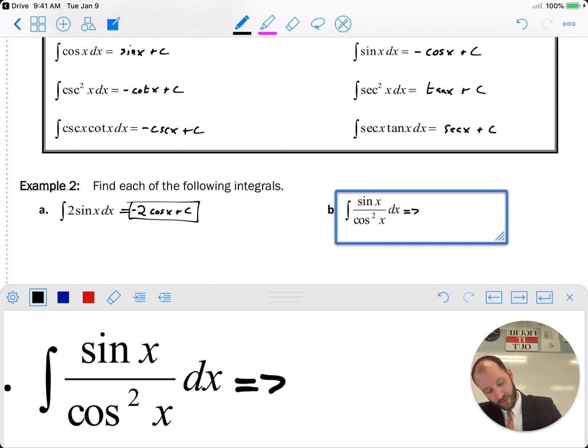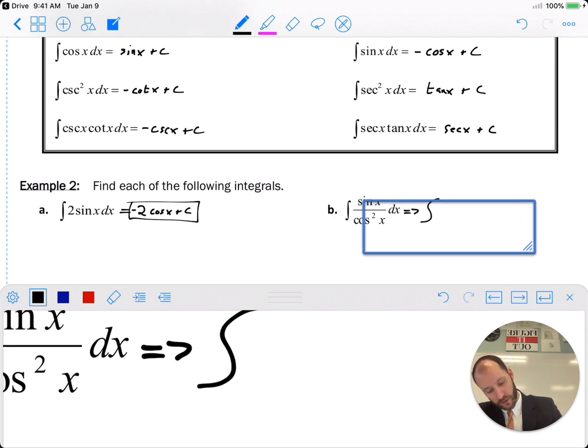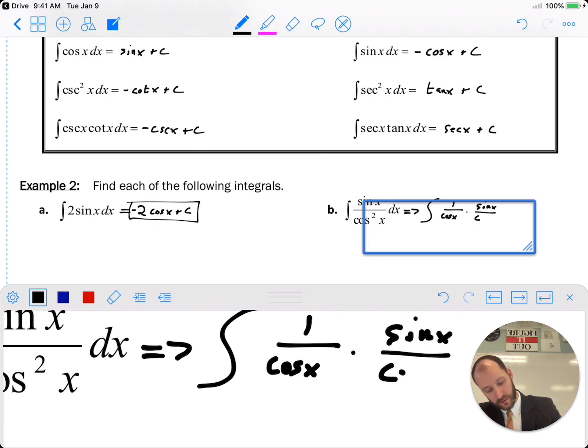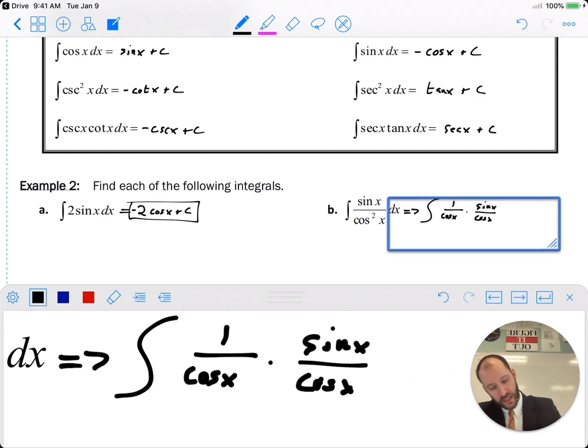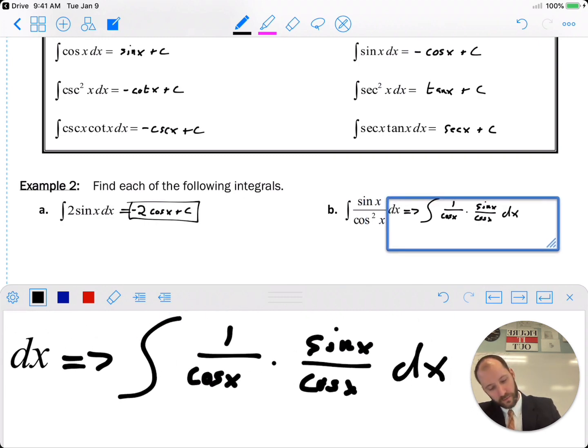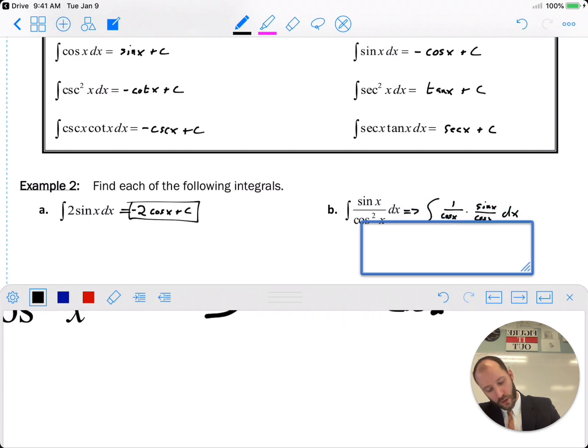There we go. Sine x over cosine squared. You could rewrite this, break it up to 1 over cosine x times sine x over cosine x. 1 over cosine is secant of x.